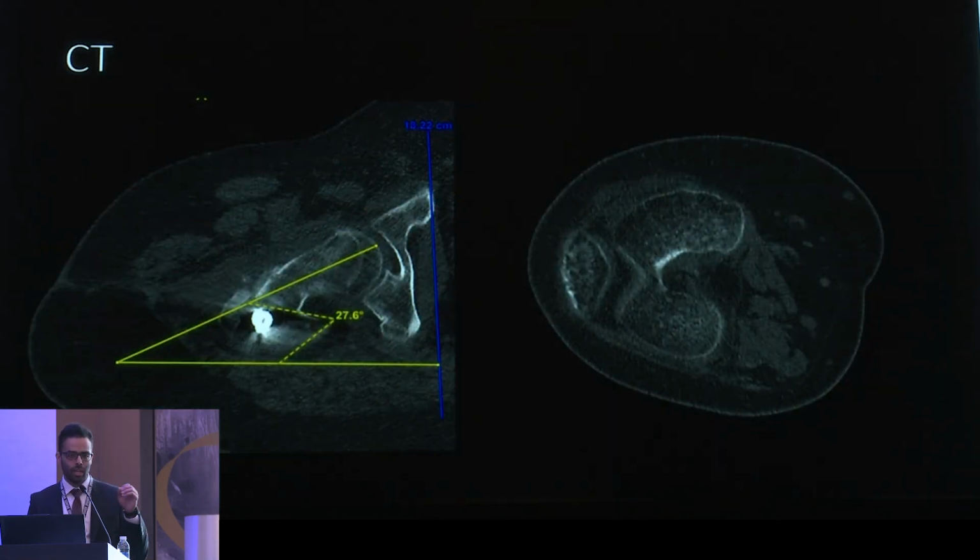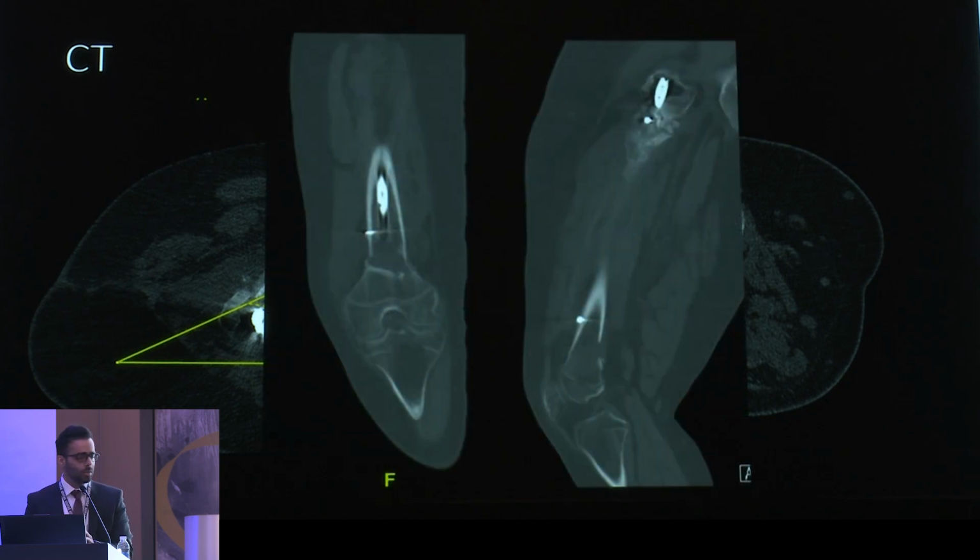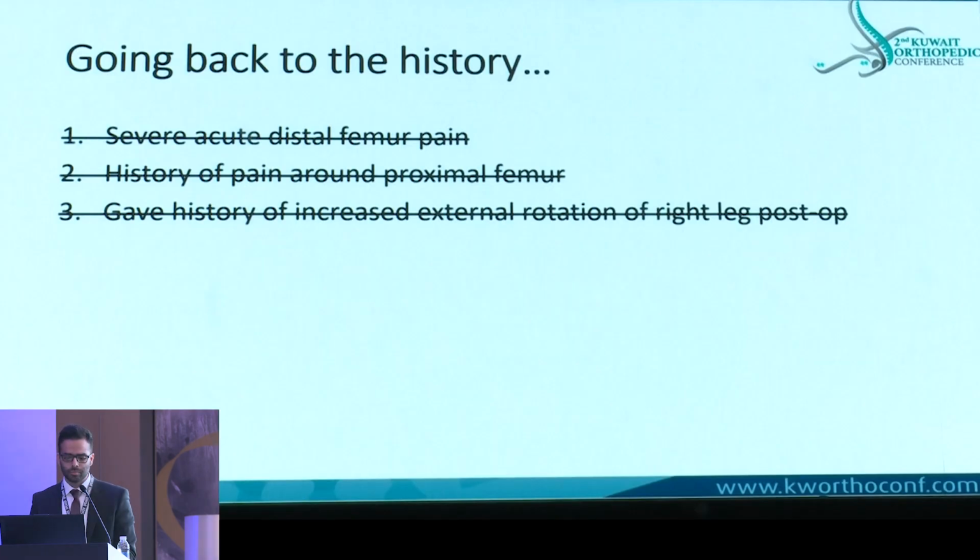Unfortunately, we didn't have a bilateral CT of his lower extremities to check his rotational profile, but with these images, we can measure his anteversion. However, distally, it's difficult to assess the external rotation of the distal femur because we have more than one area in which the deformity can occur. It could be the distal femur, the proximal femur, or a combination of both, which is why we kept this idea at the back of our mind when working up this patient.